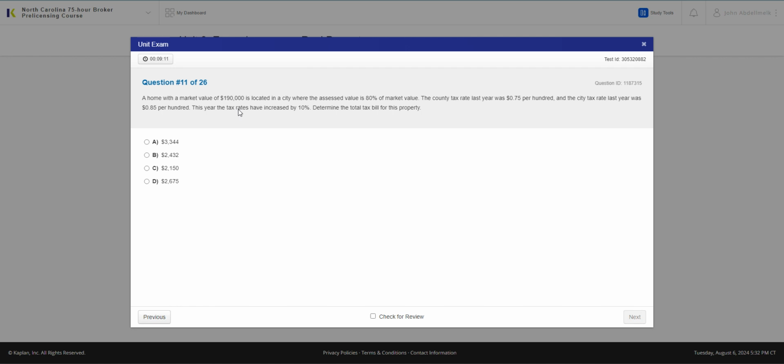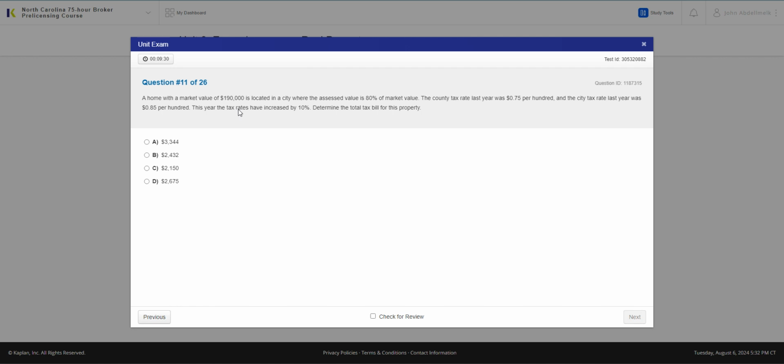So county tax rate equals 0.0075, and then city was 0.0085.